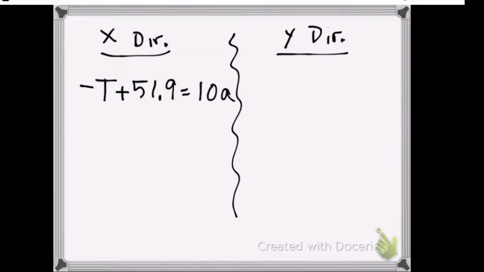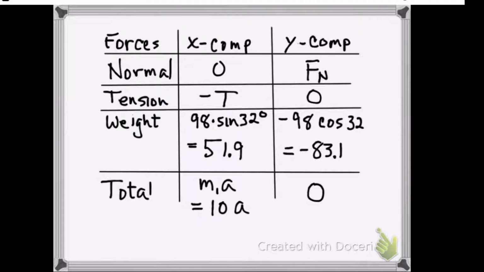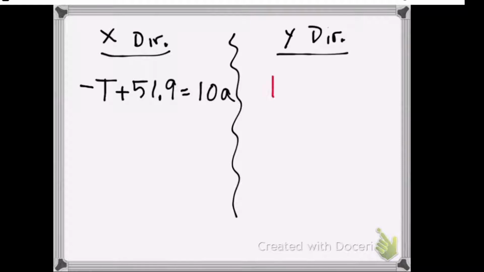And then in the y direction, we have f sub n minus 83.1 equals 0.